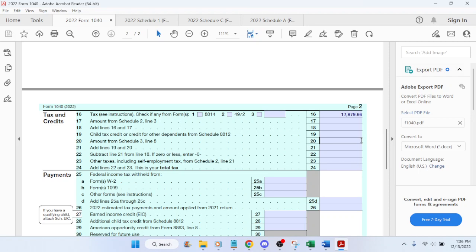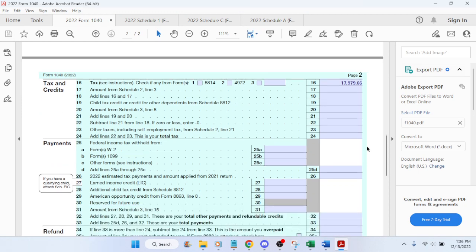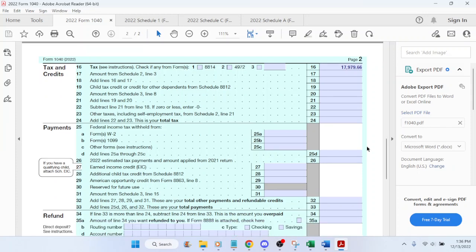Child tax credit, no. What is Schedule 3, line 8? Okay, are any credits or prepayments? Yes, there's going to be prepaid taxes. Dang it, what is... So here's what I'm confused about here.